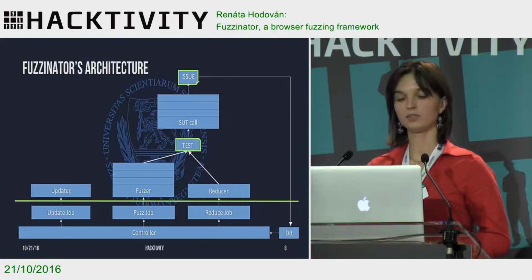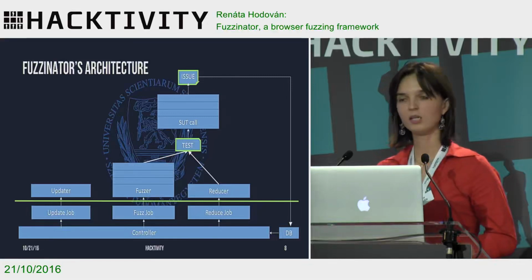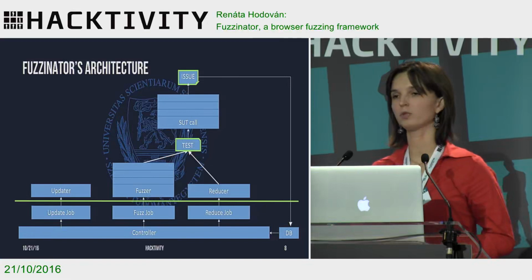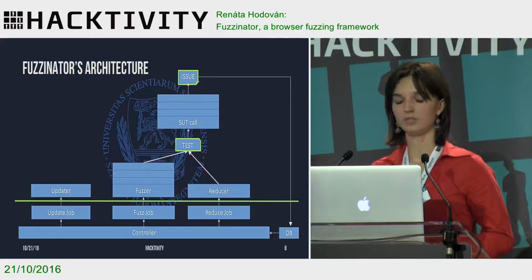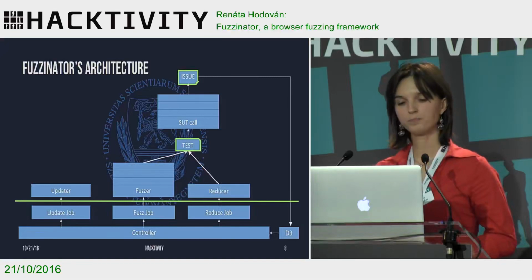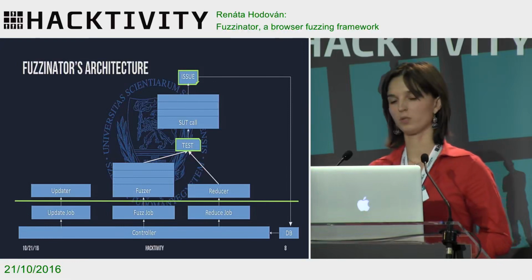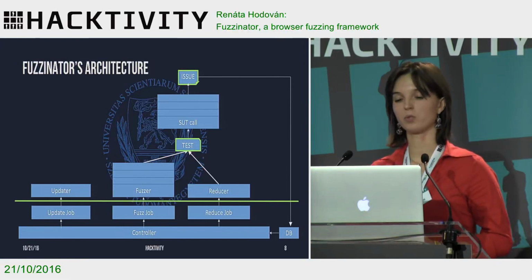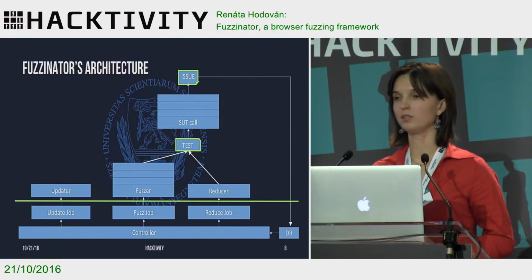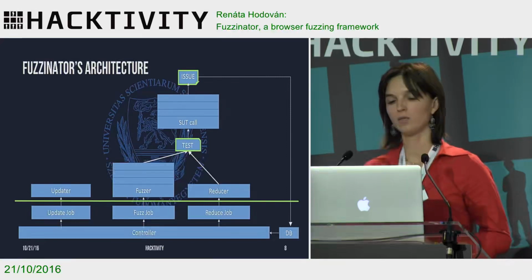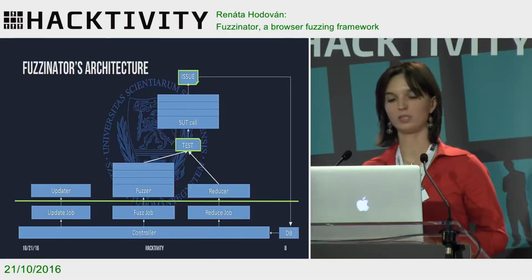When you start Fuzzinator, then it will check whether any of your targets are outdated and update them if this is the case. After the updates, it starts a regular fuzz job, which hunts for new issues, and when a new issue is found, it will be saved to a database, and if the current fuzz job has ended, then the controller will pass these found issues to the reduce job, which will perform the test case reduction.